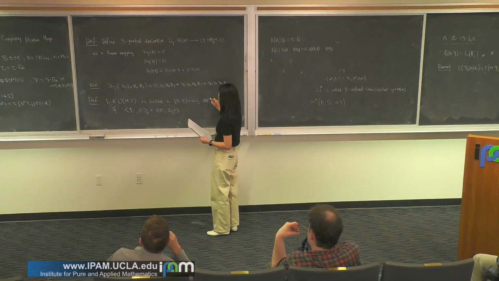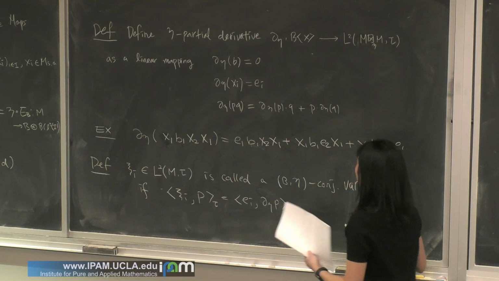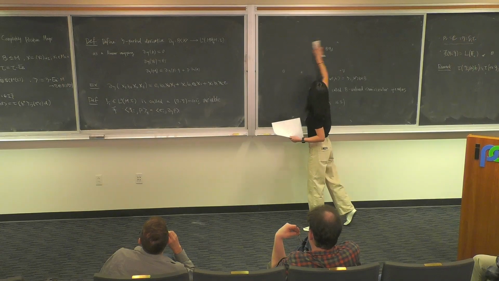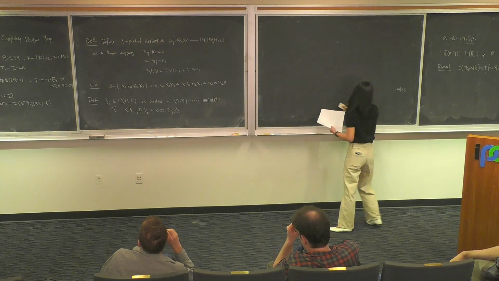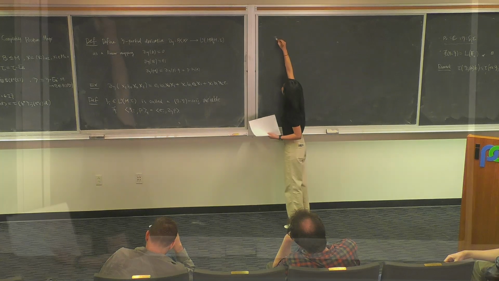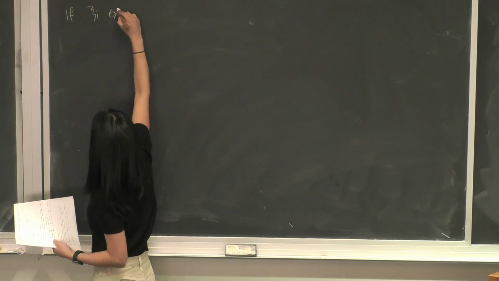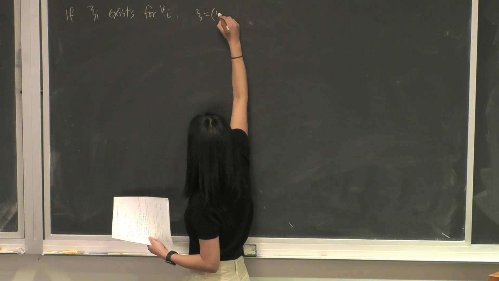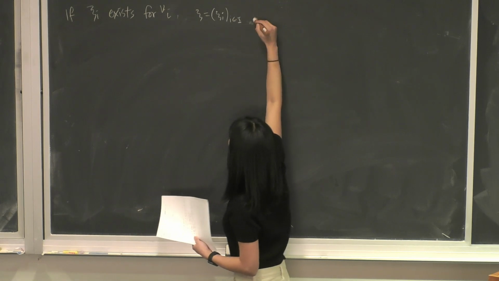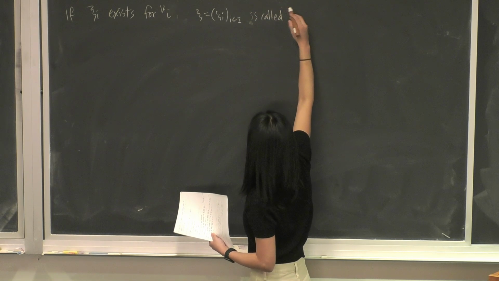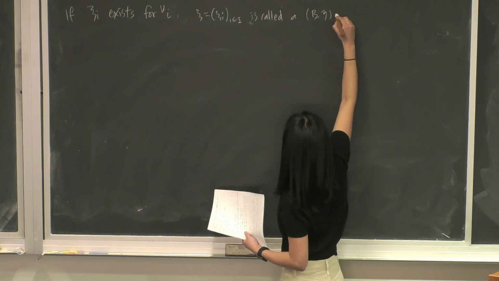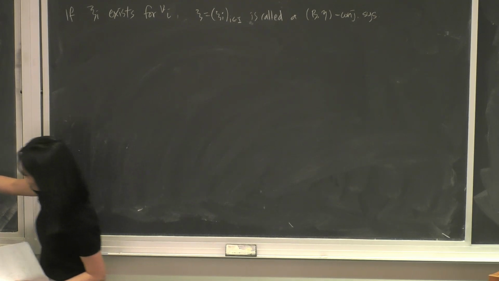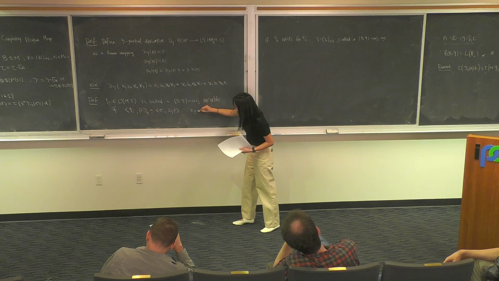And if Xi_i exists for all i, then Xi is called a B-eta conjugate system. I forgot to mention this is for all P and B-X.